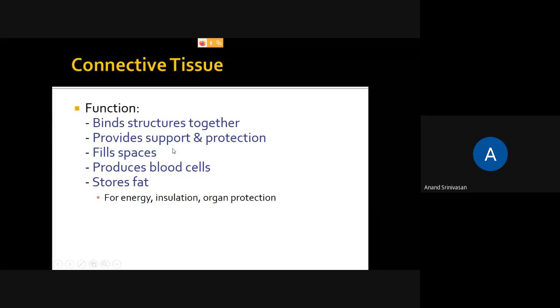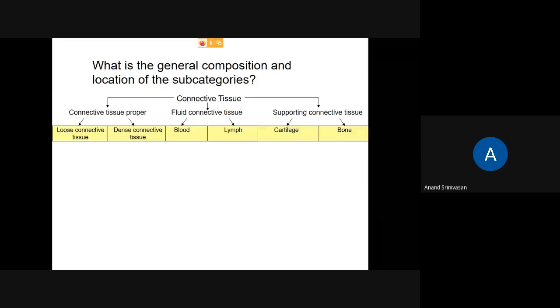These are some of the functions of connective tissue. And as in the epithelial tissue, different connective tissues will have different properties. So now we will see the different types of connective tissue. Here you can see the connective tissue is broadly divided into 6 types.